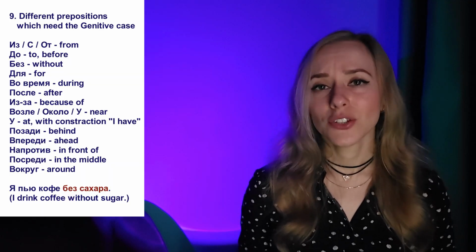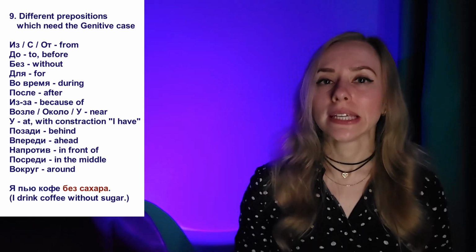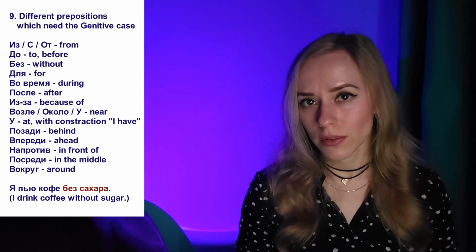And let's see some prepositions that we use with the genitive case. The genitive case has the largest number of prepositions. Let's see some of them. As you remember, we use the prepositions из, с, от, до.